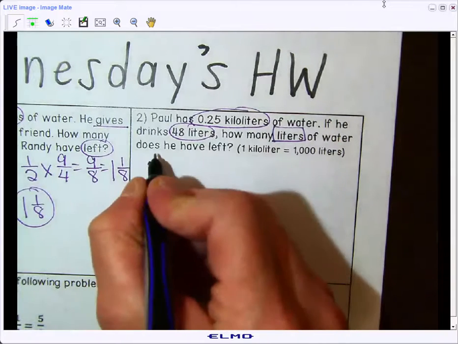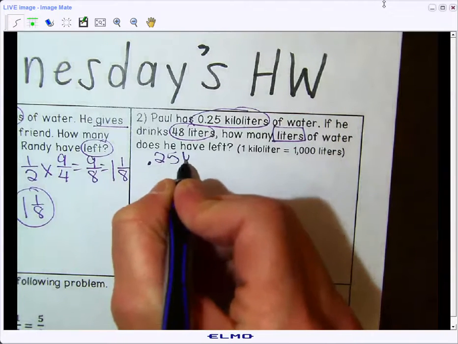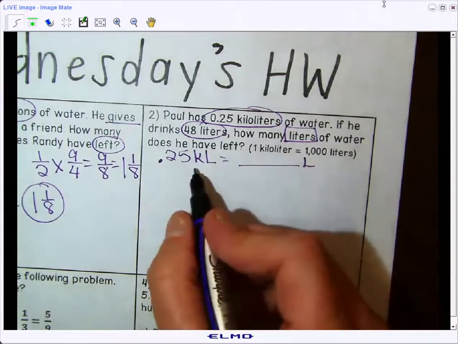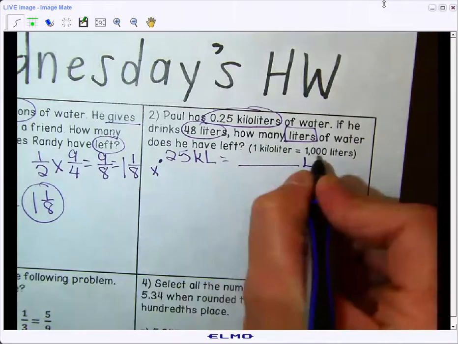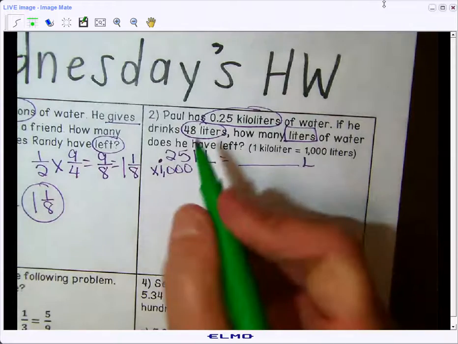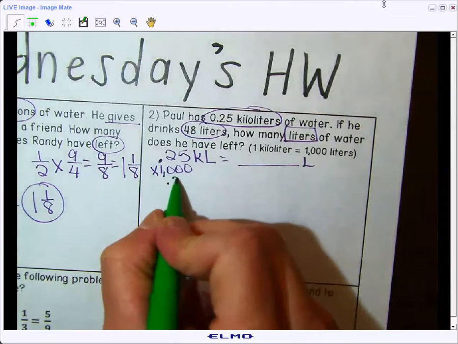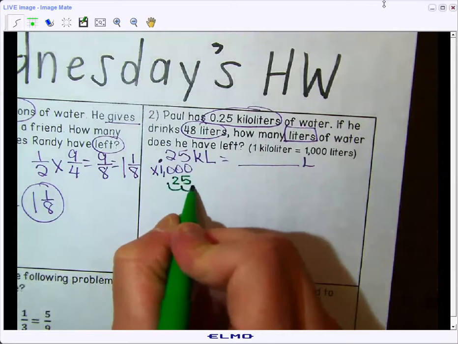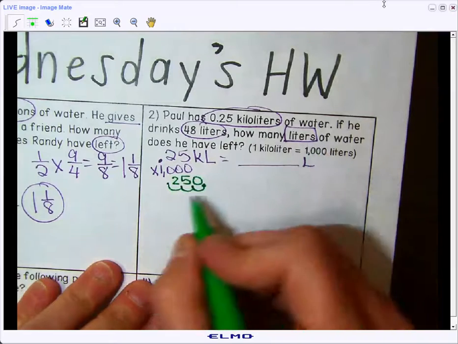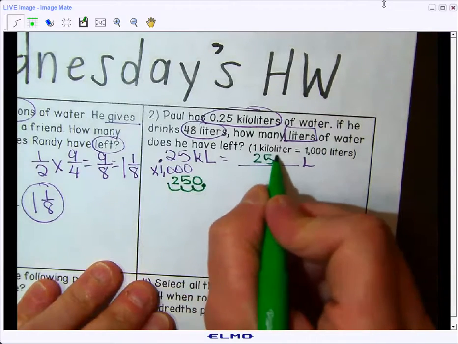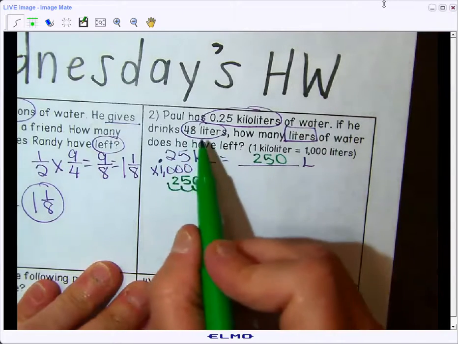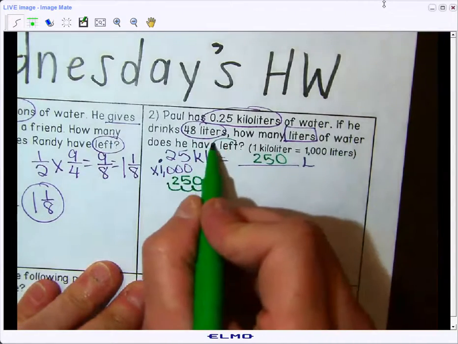So to convert the kiloliters to liters, we are going to go from the larger unit to the smaller unit, and we are going to multiply by 1,000. So that means we're going to be moving our decimal point to the right 3 times. So 25 hundredths of a kiloliter is equivalent to 250 liters, but we need to find out if he drinks 48 liters, how many liters does he have left?